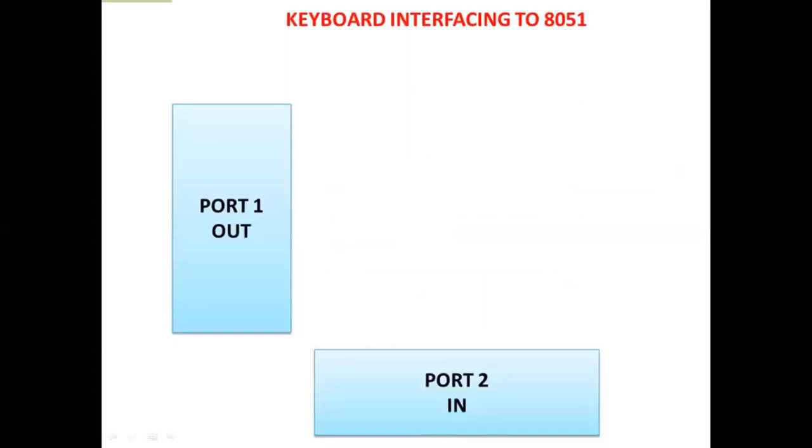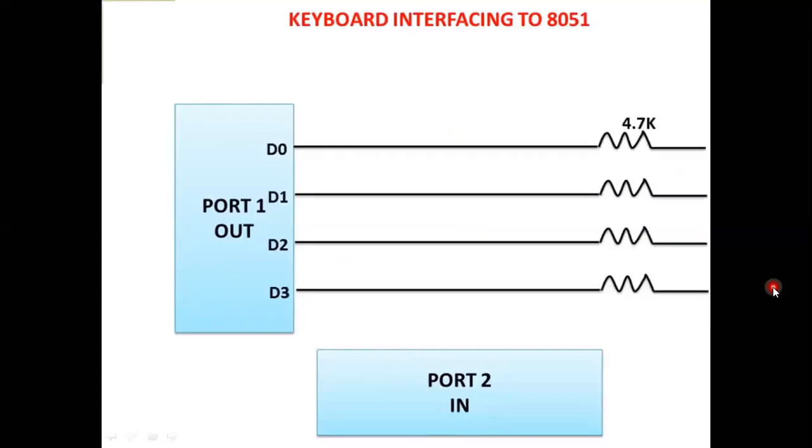In the keyboard interfacing, you have two ports. Port 1 is acting as the output port, and port 2 is acting as the input port. For port 1, you connect 4 lines D0, D1, D2, D3, and these are connected to 4.7K resistors.